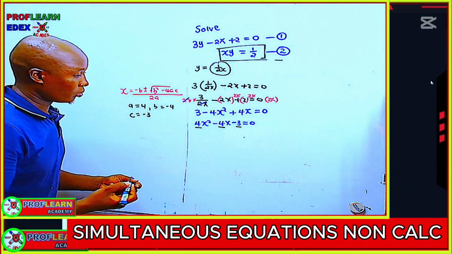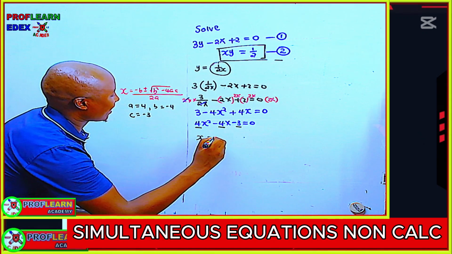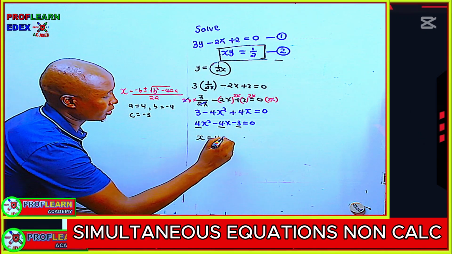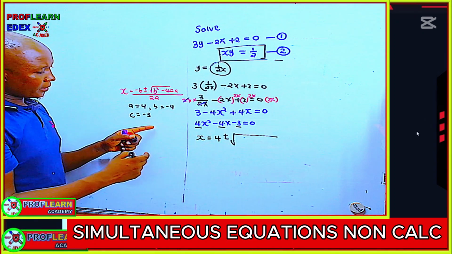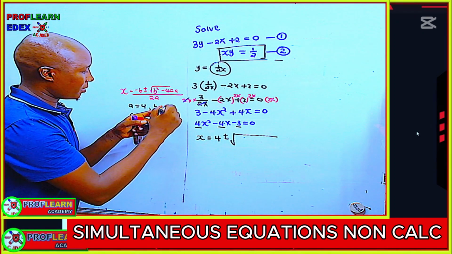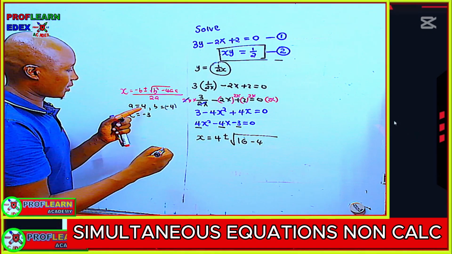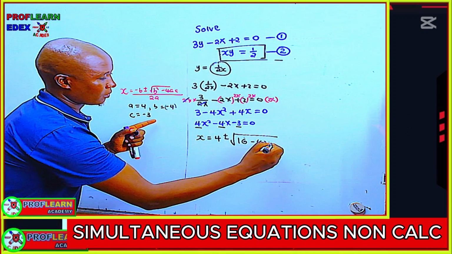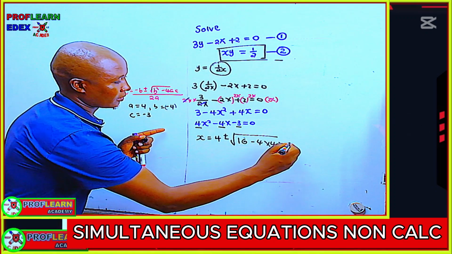And how do you go about this? Therefore x is going to be minus b, which now becomes positive 4, plus or minus the square root of b squared, which is 16, minus 4 times a, which is 4, times c, which is minus 3.